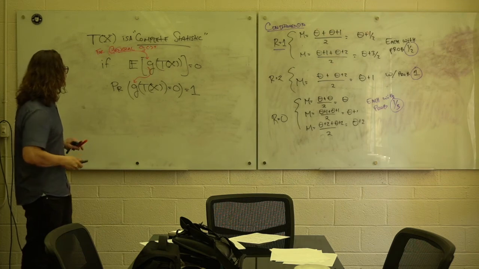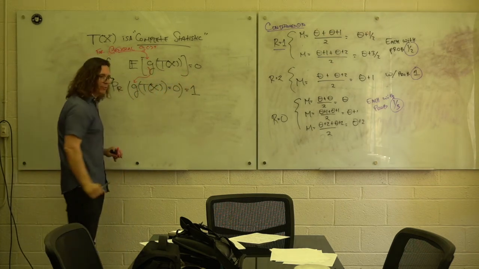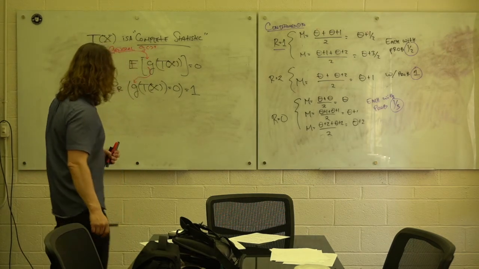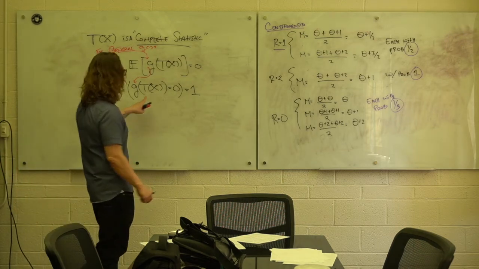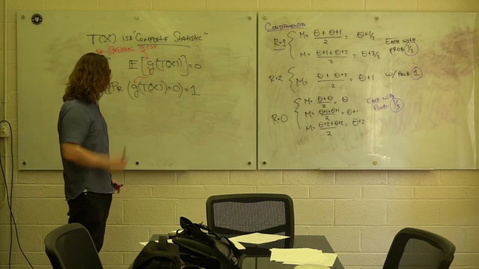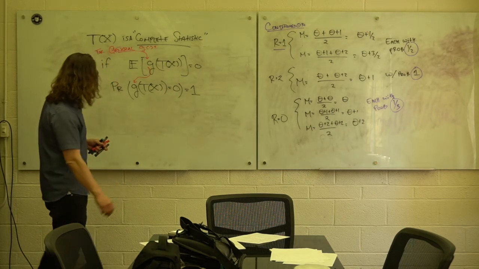So what this says is if the expectation of this thing is 0, then it is 0 with probability 1. Which says it is 0, except on a very tiny small subset that is unmeasurable. So on any measurable subset, it's 0 with probability 1.